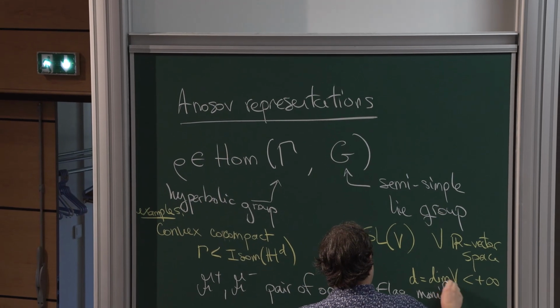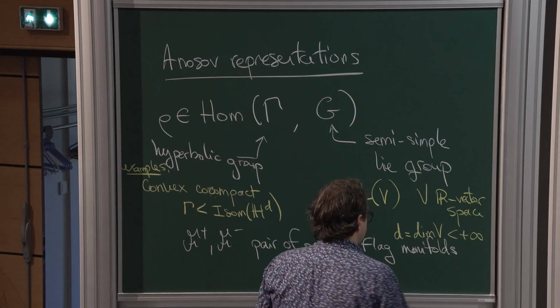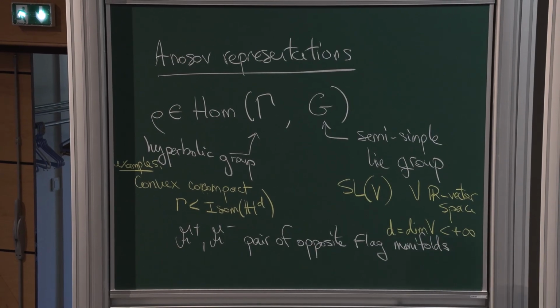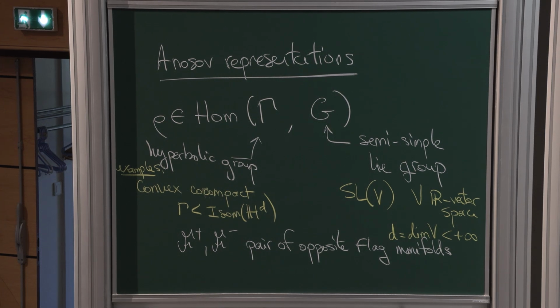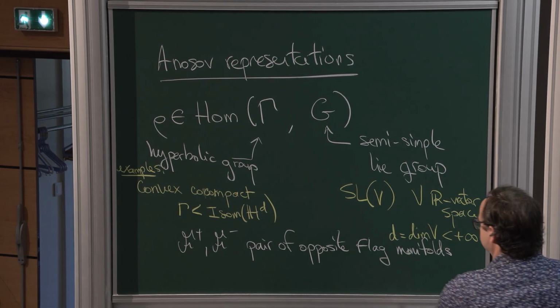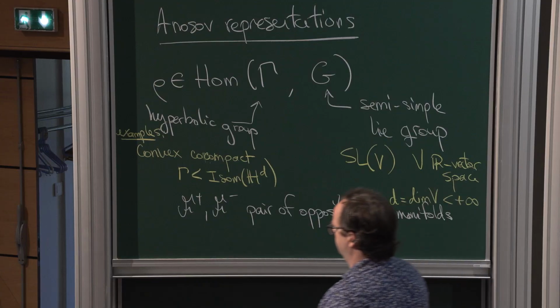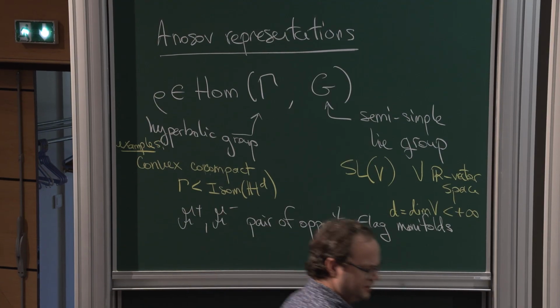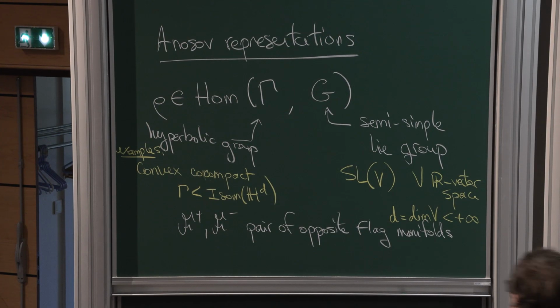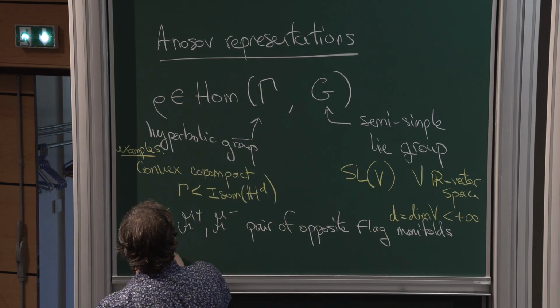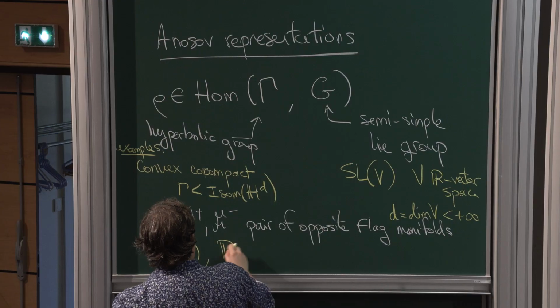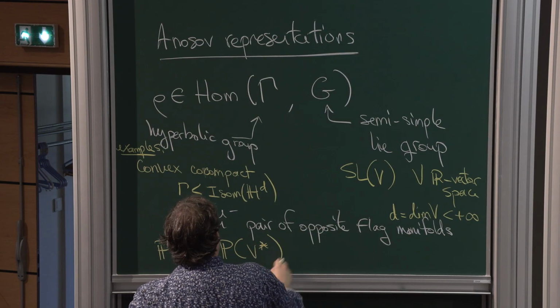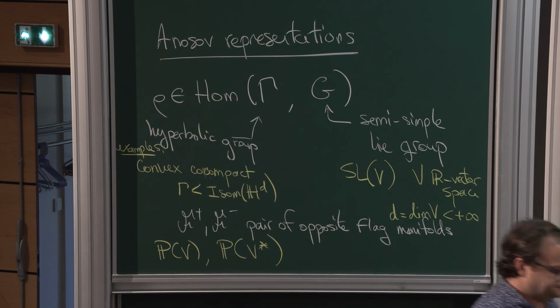You could see this as a choice of some subset of simple restricted roots. And for our examples, F plus will be the projective space, and F minus will be the projective space of the dual space V star.